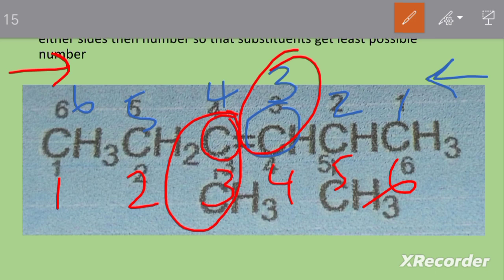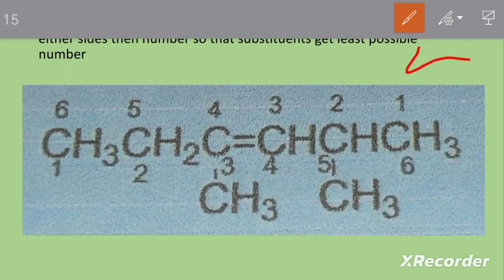In such situations, we consider the substituent groups. Here you can see for the fifth carbon, a methyl group is attached. For the third carbon, a methyl group is attached. And in this situation, for the second carbon and the fourth carbon, the methyl groups are attached. So the best way is numbering from this direction, right?